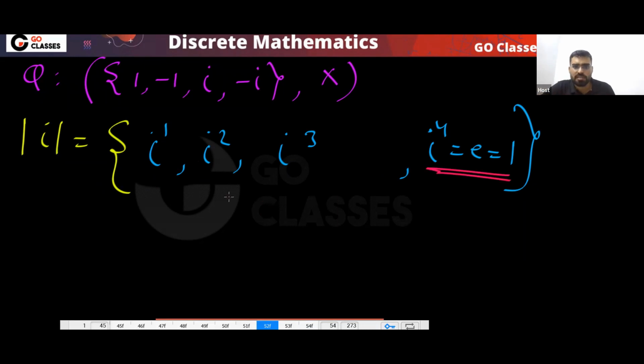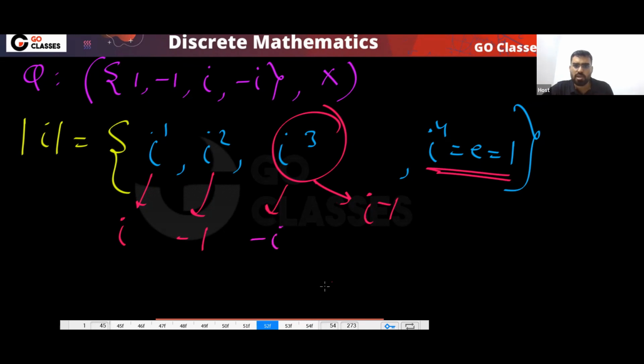You can notice iota power 1 is iota, iota power 2 is -1, and iota power 3 is minus iota. So iota inverse is minus iota. Iota inverse is iota power 3. Is this clear to everyone?